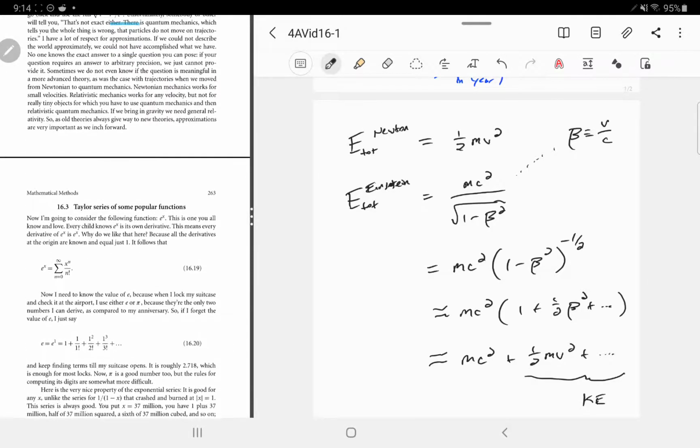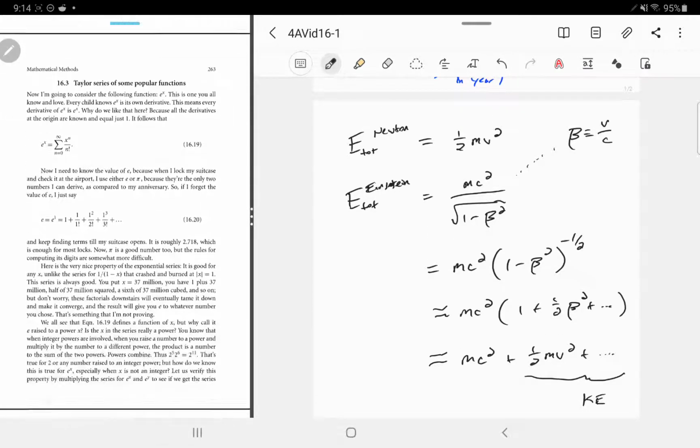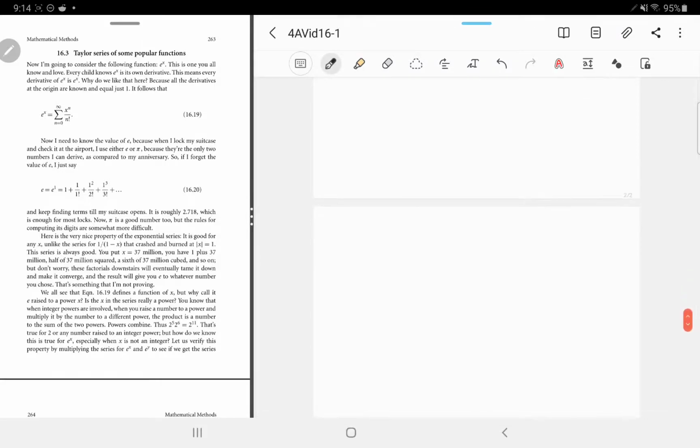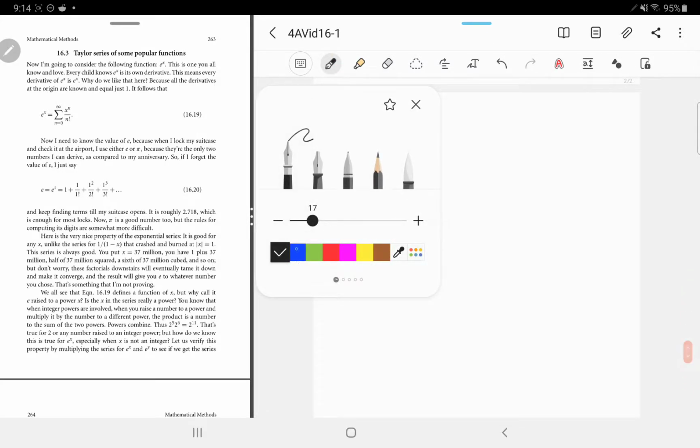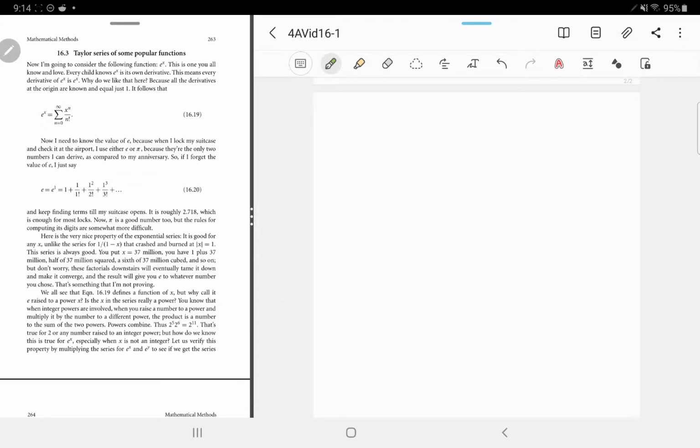Okay, so this is not the last time you're going to see binomial series expansion. So just a couple more examples of that. One of the main takeaways of this video is that I want you to know some binomial, or not just binomial, some Taylor series approximations. There are some that you are going to see over and over again in physics, and you just need to know these basically by heart.